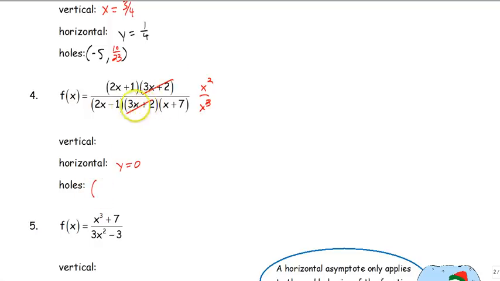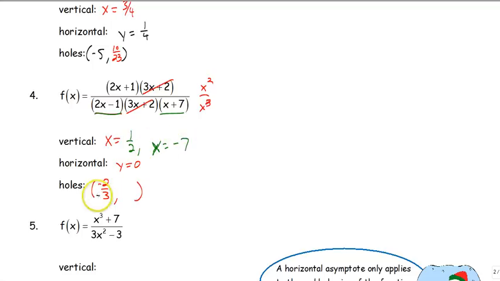If you move that over and set this equal to 0, -2/3, and we'll have to find the rest. And our vertical asymptotes are the other two things, here and here. Alright, so x equals 1/2 and x equals -7.